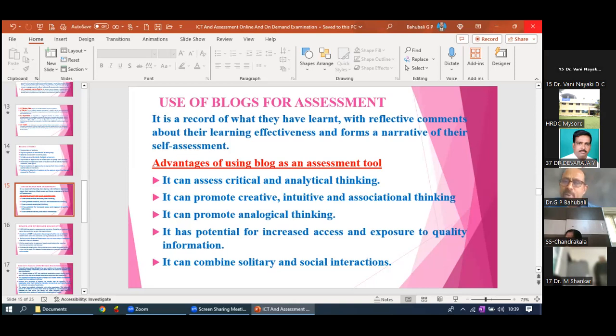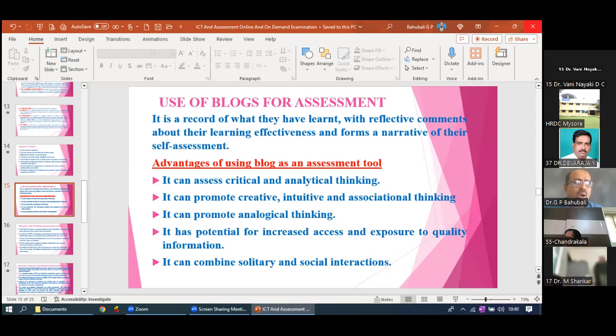So the better option for covering the learning assessment of the students at a quick, easier, faster rate is nothing but the use of an online and on-demand examination, at the same time overcoming the concept of rigidity.